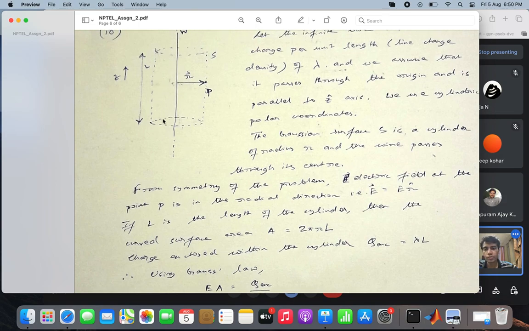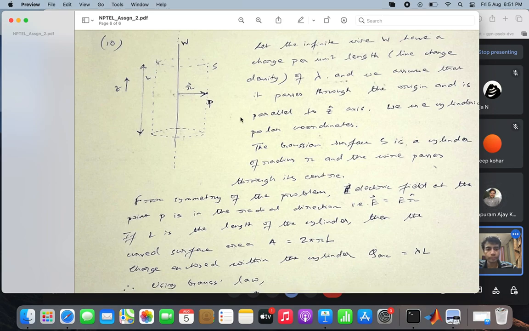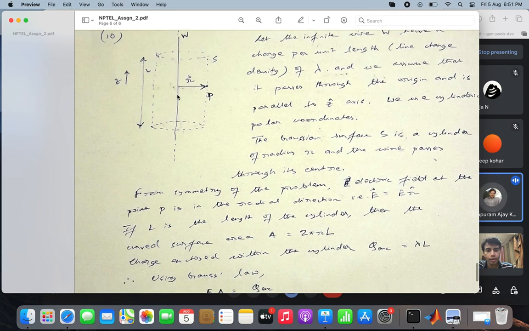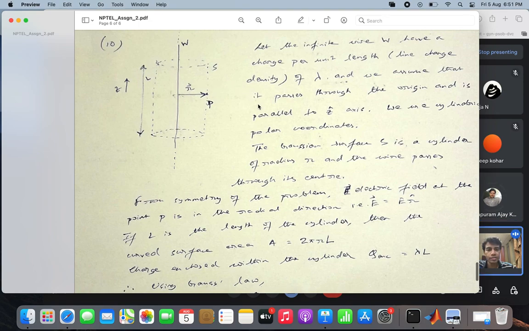Since this cylinder has a length L, and we consider lambda to be the charge per unit length on this wire, basically the linear charge density, what will be the charge enclosed within a length L? Lambda into L, because lambda is the charge per unit length.